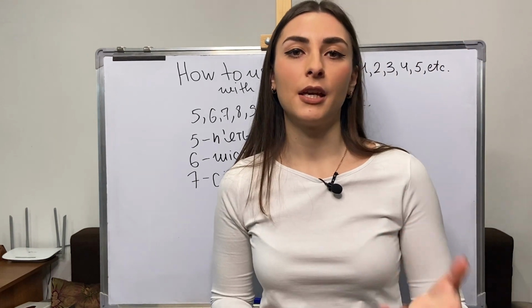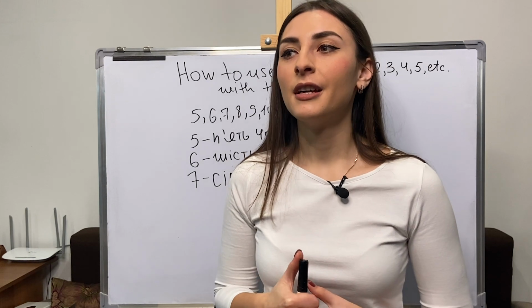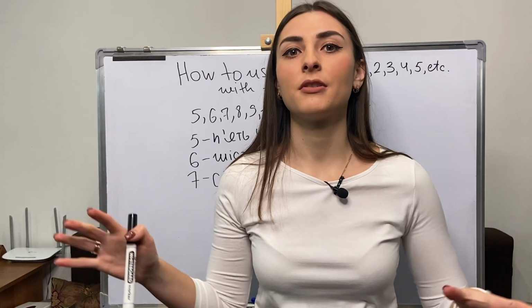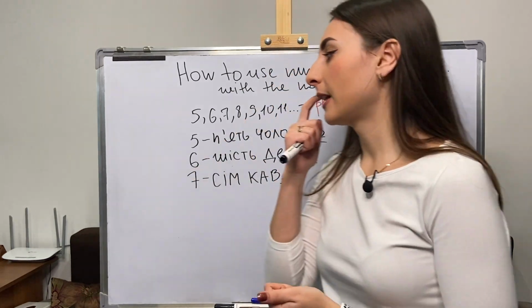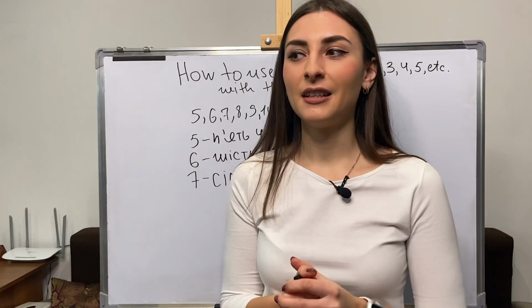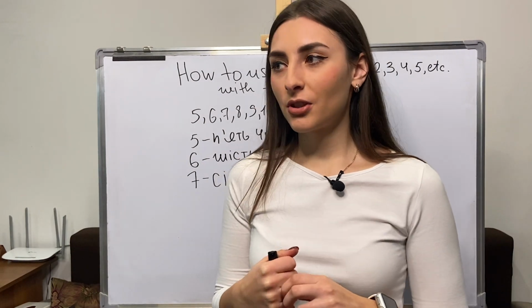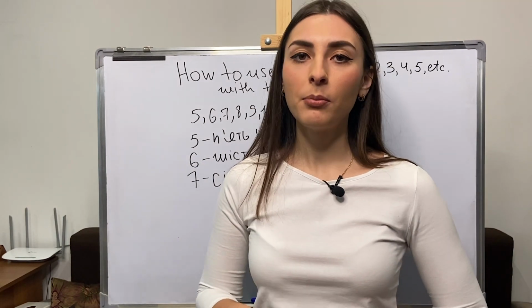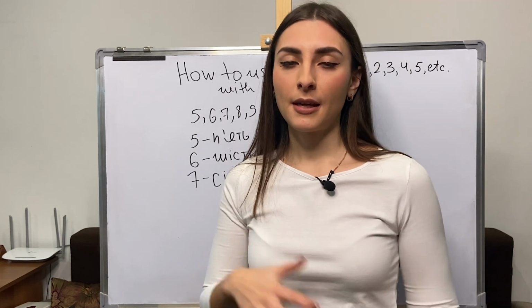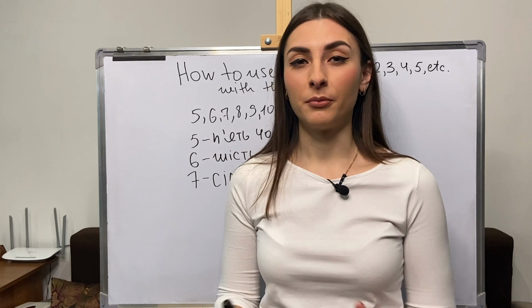When you talk about age, or when you just say, I have 1 dog, 2 dogs, 3 dogs, 5 dogs, etc. So here is how it works. But we have a tricky thing here a little bit. Let me give you some more examples and some very interesting exceptions with the compound numbers.